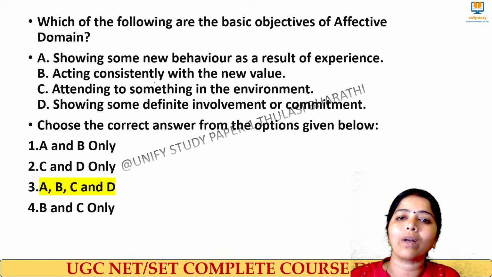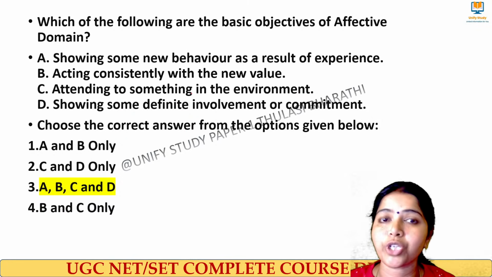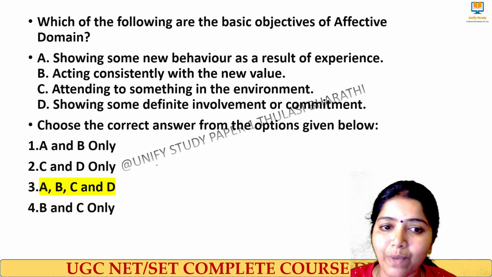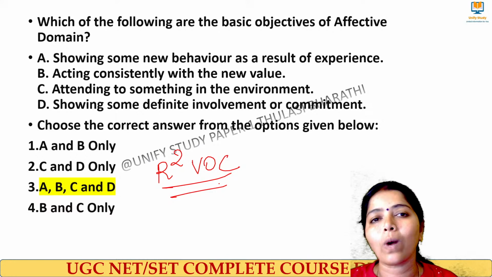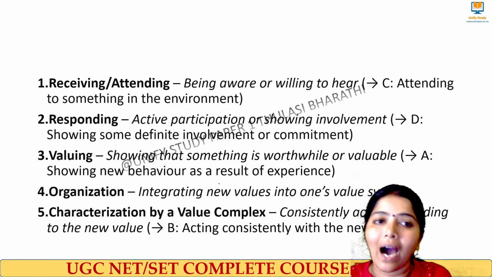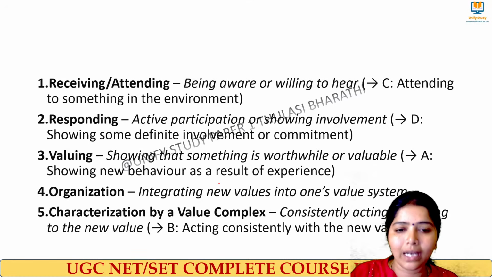See, here what is affective domain? Affective domain talks about my emotion, the feelings level, and this we can remember as R squared VOC. What is R squared VOC? R means receive, respond, value, organization.